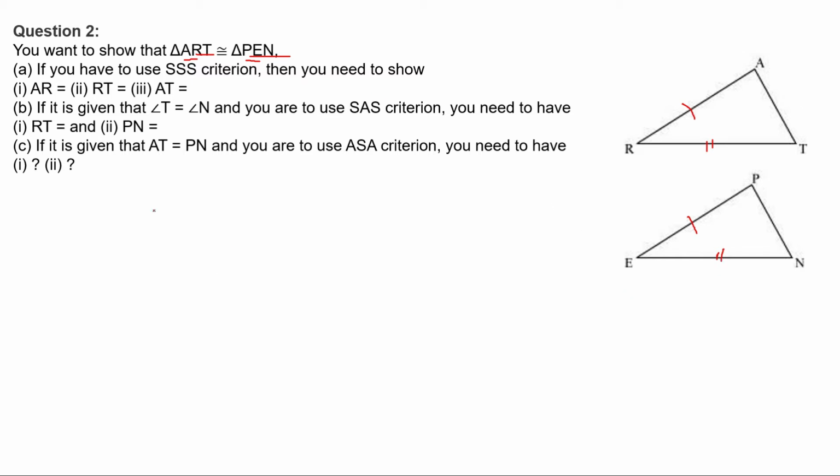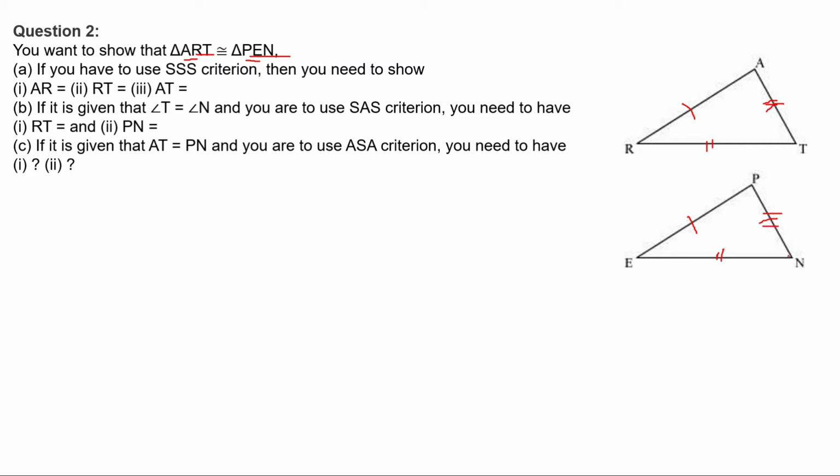Now third is AT. What is AT? AT is the first and last. So here is AT, and AT is equal to what? PN. This is PN. These are the corresponding parts of congruent triangles.